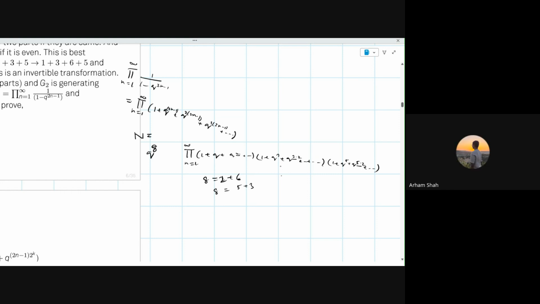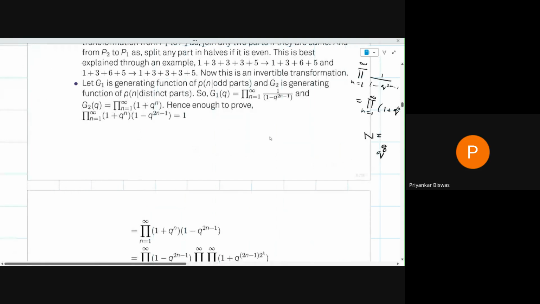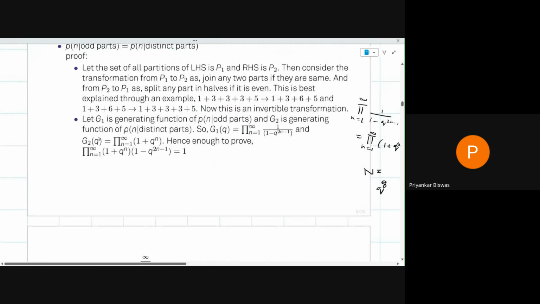Yes, sir. Similarly, you can get the coefficient of the other part, which is the partition of n given distinct parts. The generating function of this would be the product over n from 1 to infinity of 1 plus q power n, and we take the coefficient of, say, capital N. This would be the number of ways we can represent it as a sum of the coefficients of q power n. So let's say we want to find the coefficient of 8.